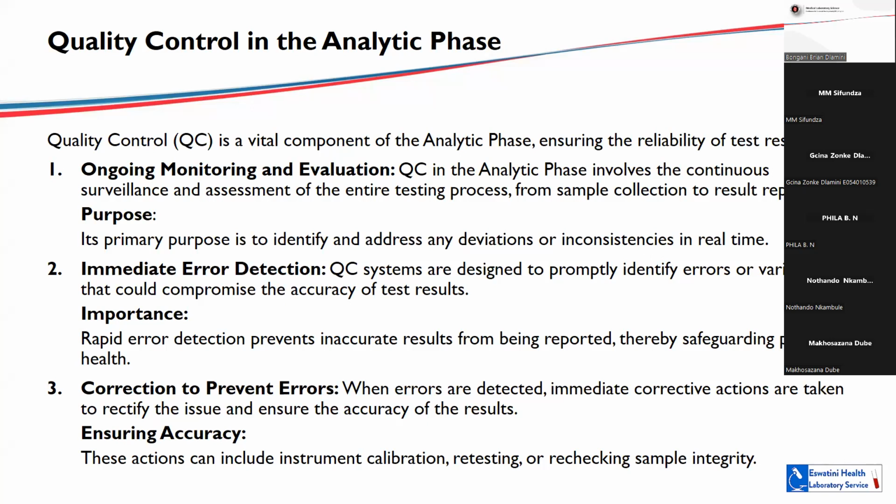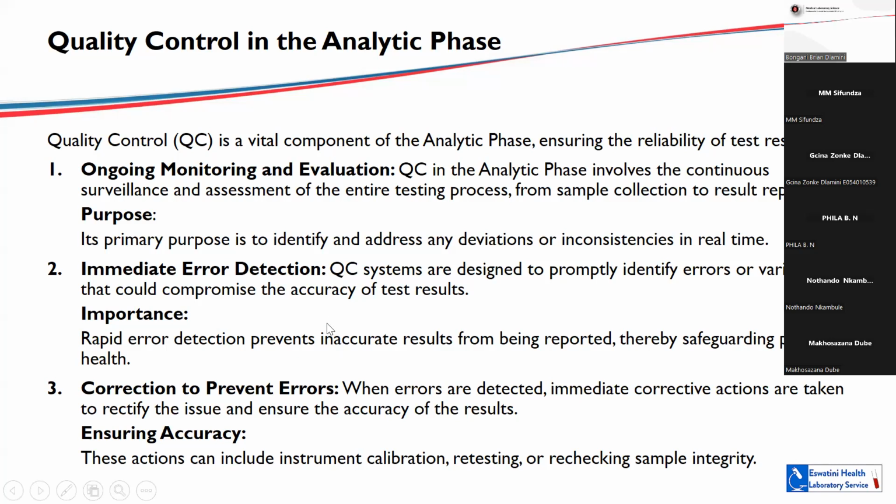You can just imagine releasing a wrong result to a patient. Sometimes that can lead to detrimental effects. We can just imagine giving a hyperglycemic patient results that are for a hypoglycemic patient. The treatment will be different, and that can lead to the patient's death. So that's why we really emphasize the importance of accuracy in the analytical phase.